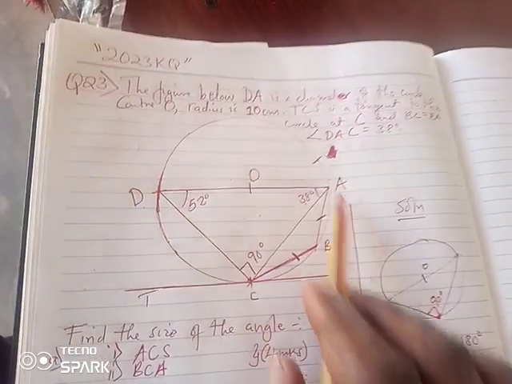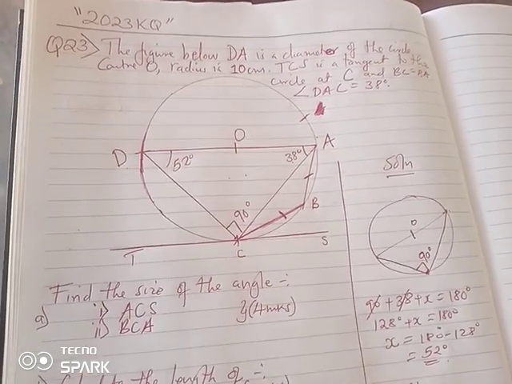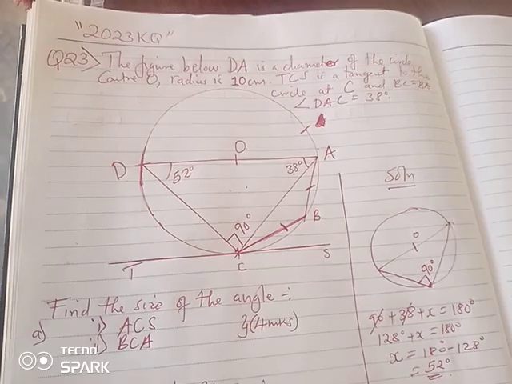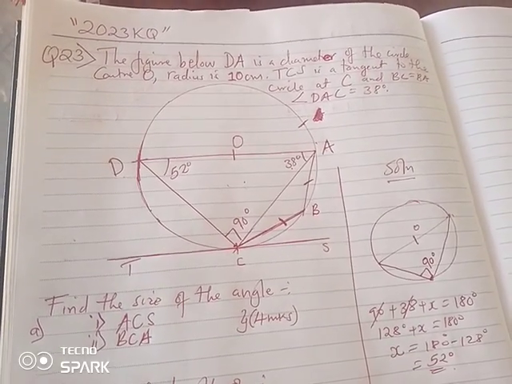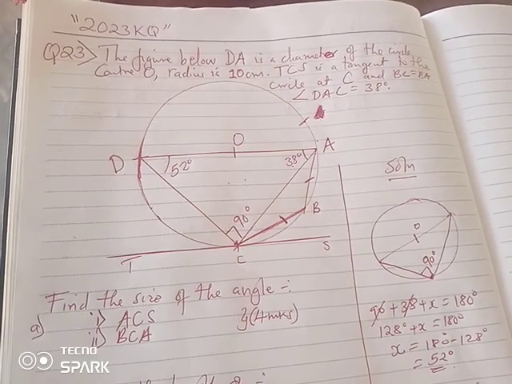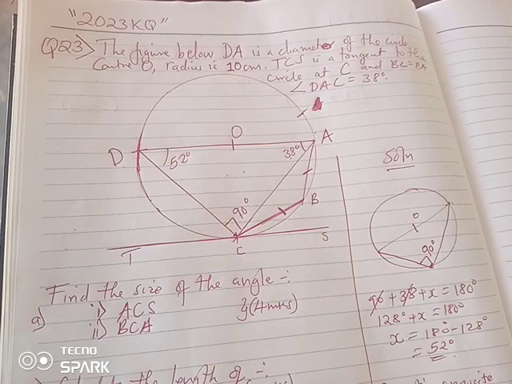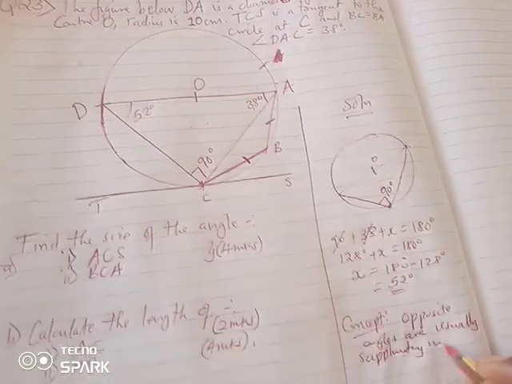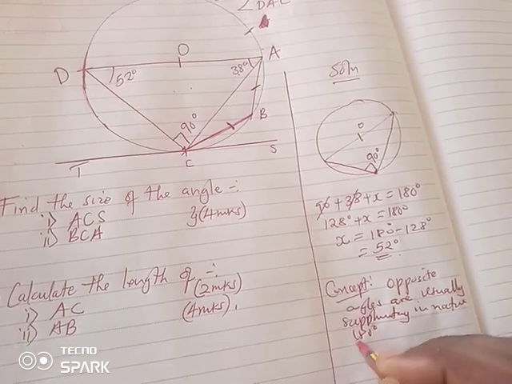We call it a cyclic quadrilateral, and the concept here is that the opposite angles are supplementary in nature, that is, they add up to 180 degrees.